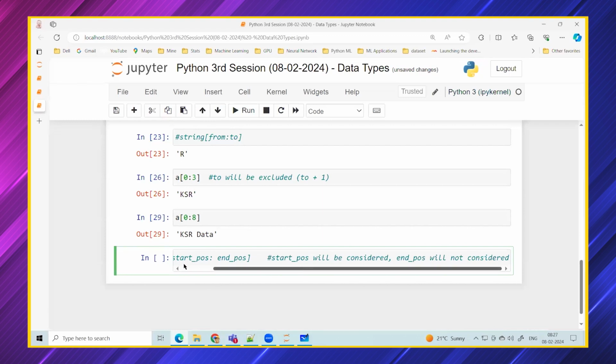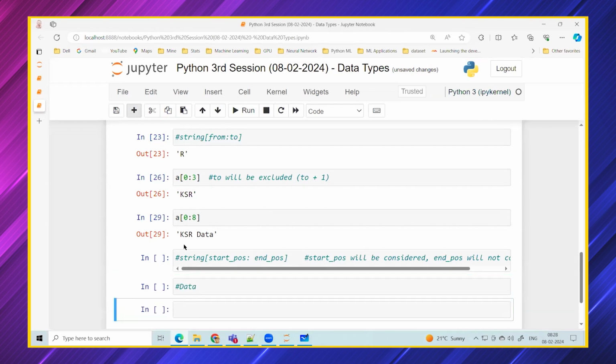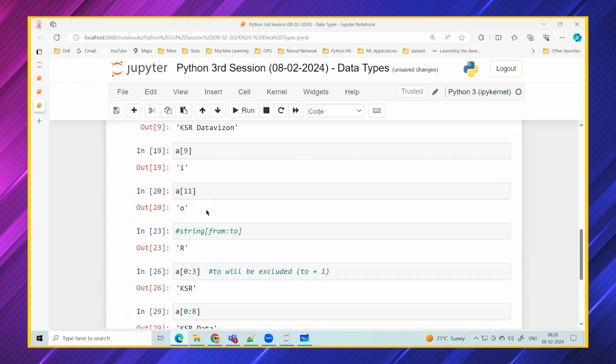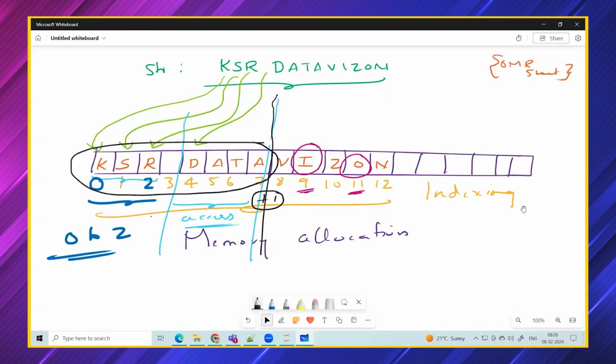Okay. Now comes my actual requirement. I need to access the word data. Let's see how to access the word data. Very simple. If you have understood this, you tell me how to access the data word. Just observe and tell me what will be the start position and what will be the end position.